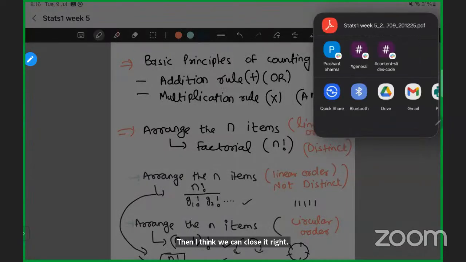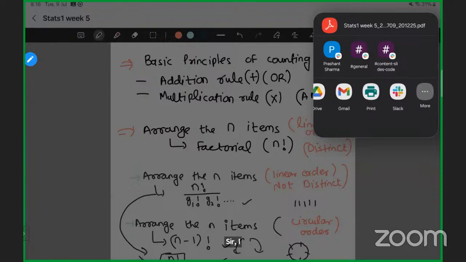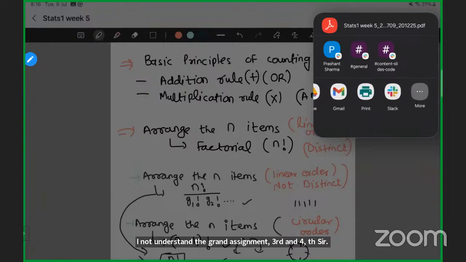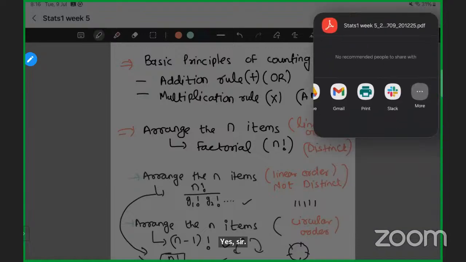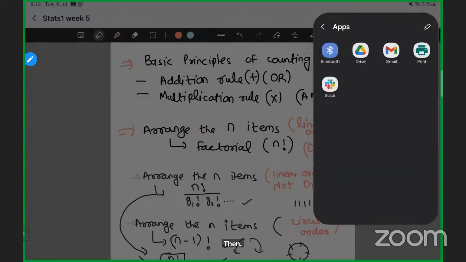Sir, I did not understand the graded assignment questions third and fourth. The graded assignment, yes, sir. Third and fourth, week 5.